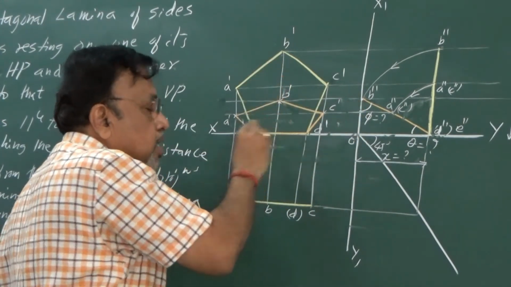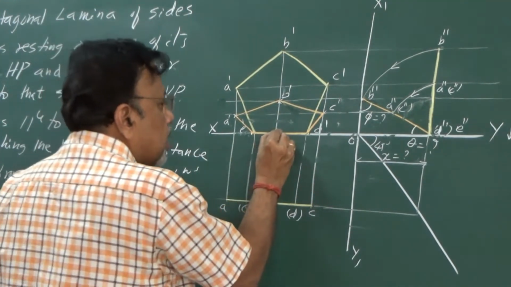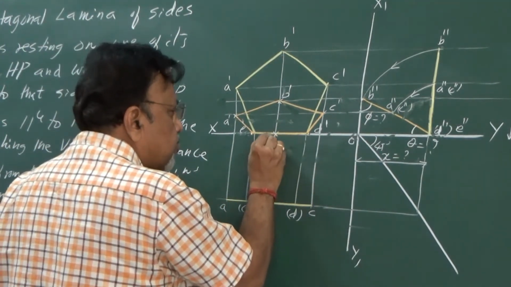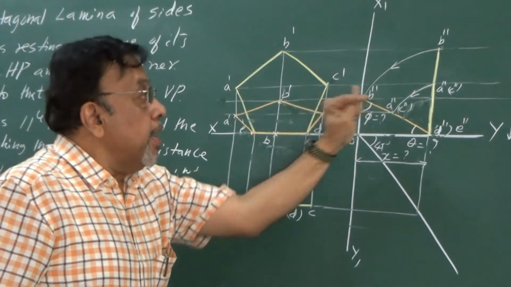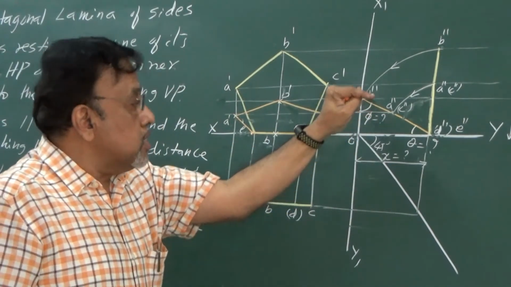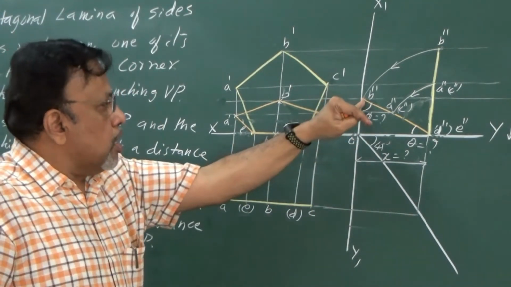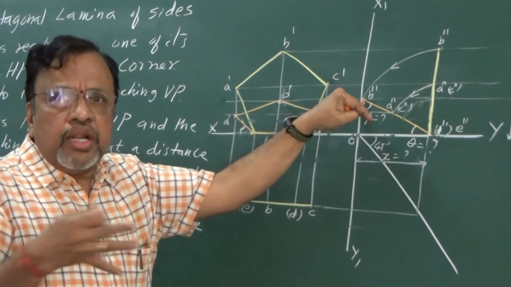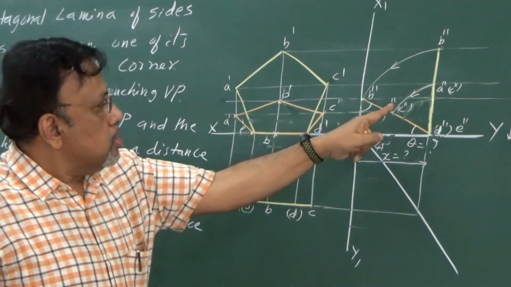This is your B dash, because remember, B dash and B should be on the same projector. So where do you get that? I will get it here itself, this point B. Why is point B here? Because its VP distance is 0. That is, it is on this O itself. That is the reason. Because anyway, I wanted this corner to be in VP. So what do you get for a corner in VP? Its top view should be on the XY line. That is B.